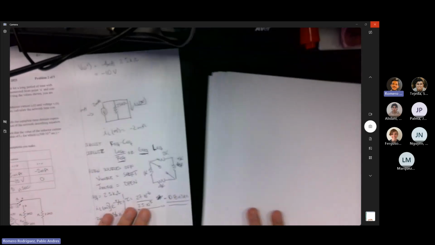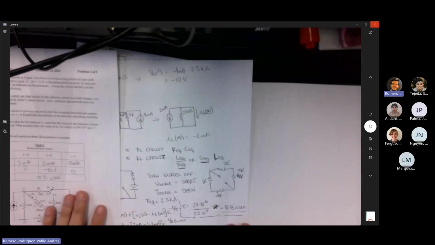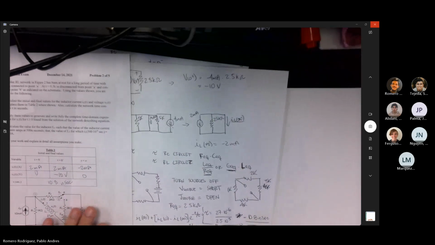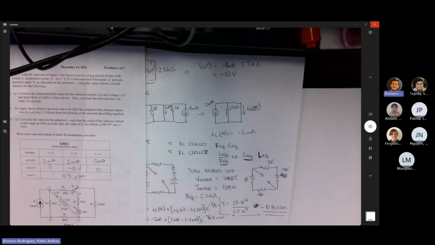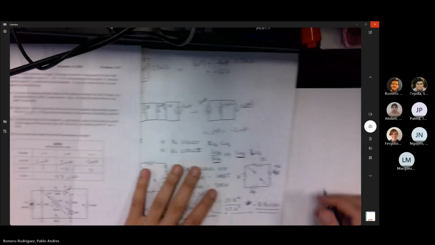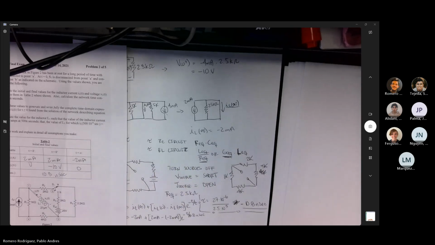So let me do part B here. I'm still gonna need that equation. So part C is asking you to find the value of L1, such that the inductor current is 0 at 500 nanoseconds. So that's gonna be your tau, right? So basically we need a tau that's gonna give us 500 nanoseconds at 0, and then we solve it for that.